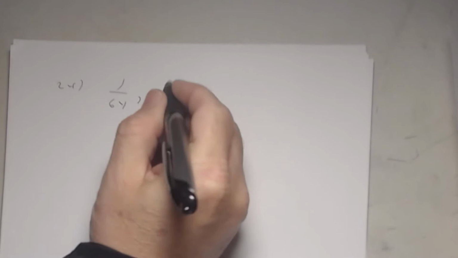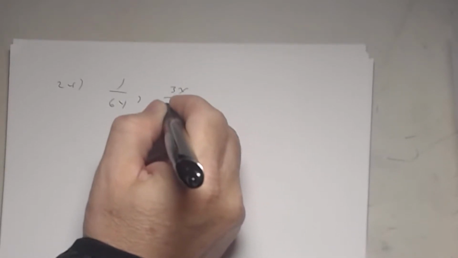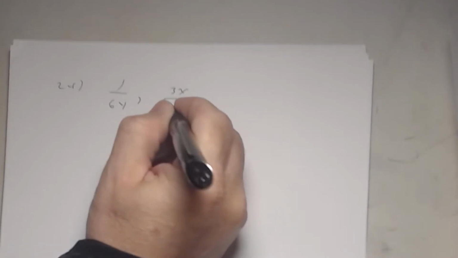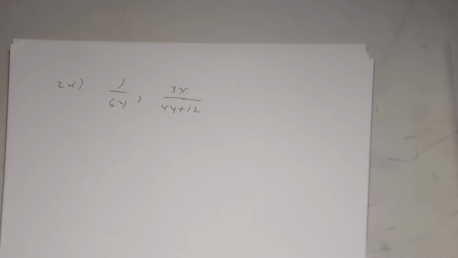All right, 24. You have 1 over 6y, comma, 3x divided by 4y plus 12. Let me explain what you're going to do with this.